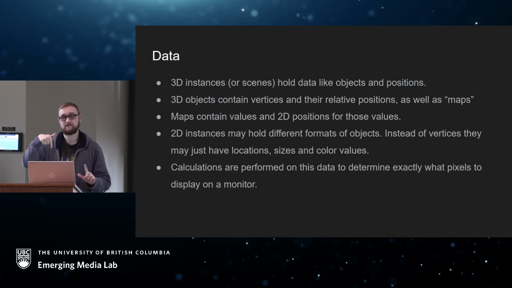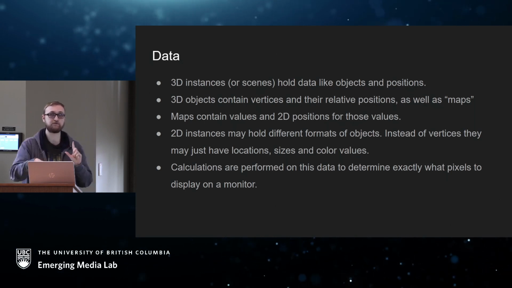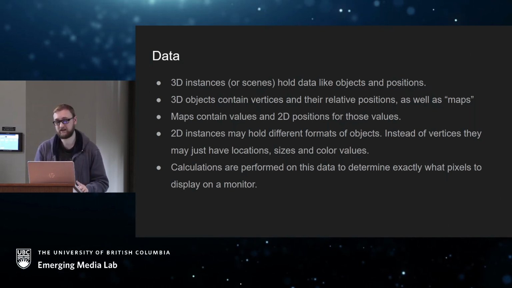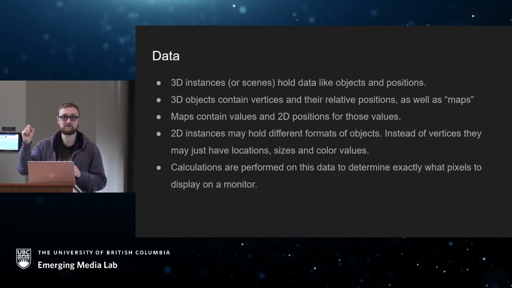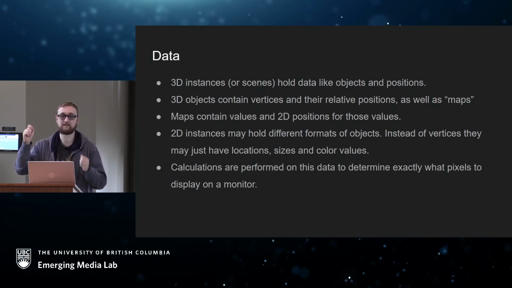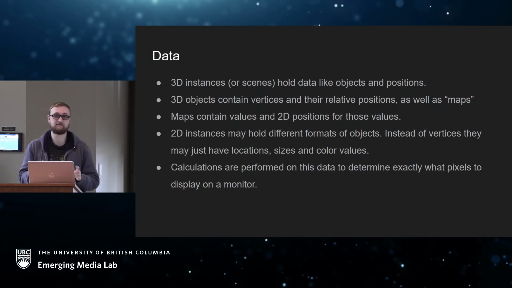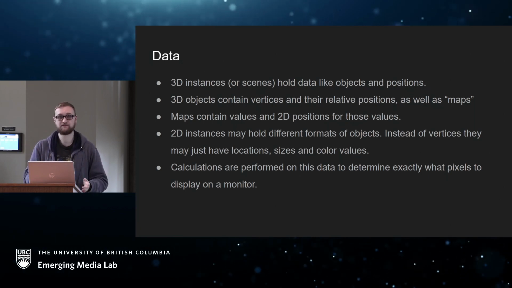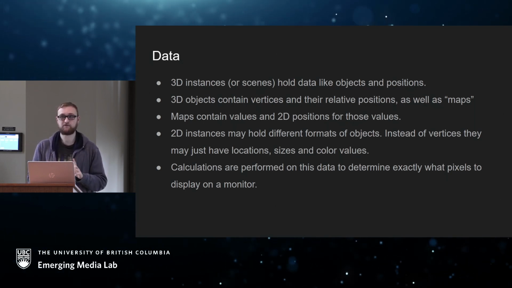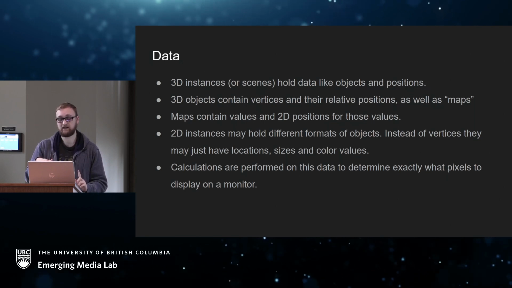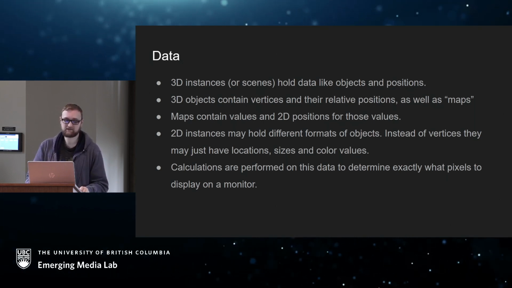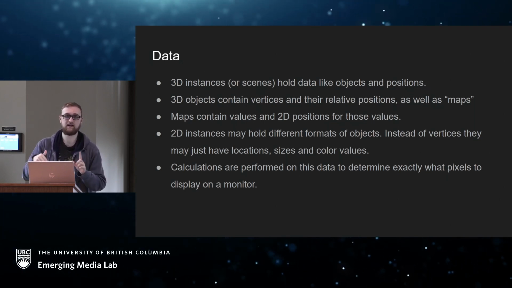So out of that scene full of 3D objects, all those 3D objects also contain a bunch of data, right? They contain the vertices, little points, and their relative positions, as well as where they're connected, right? Edges and vertices. That's always stored in the 3D model data. It also has stuff like maps, although they're usually not held in the 3D model.